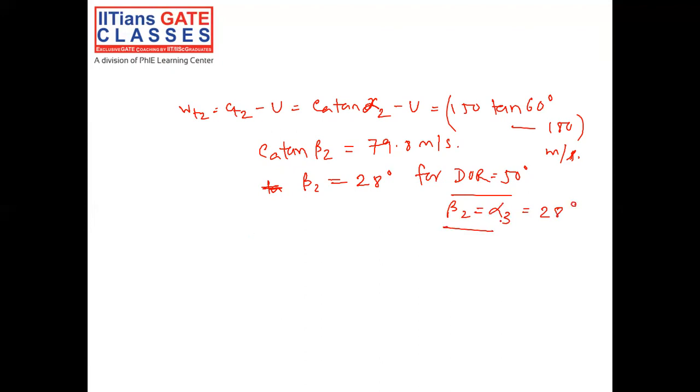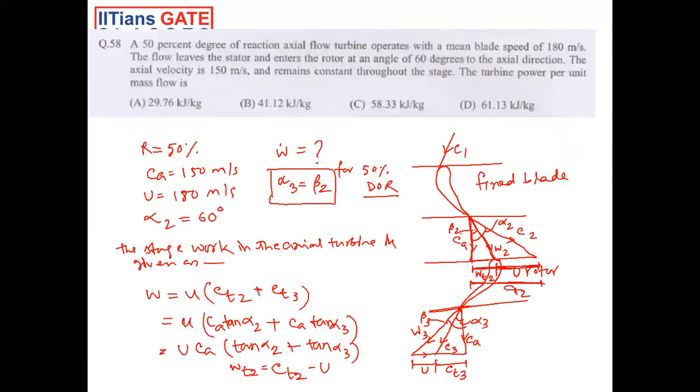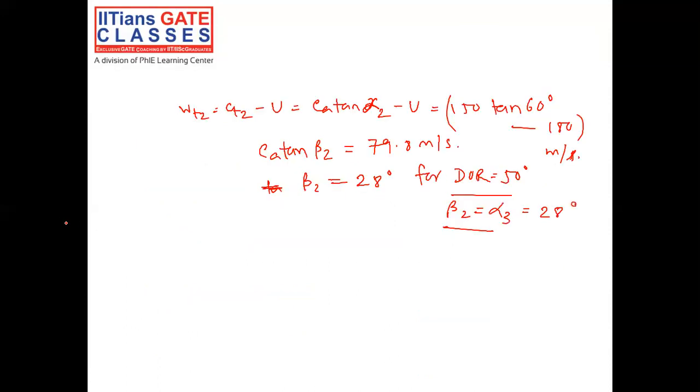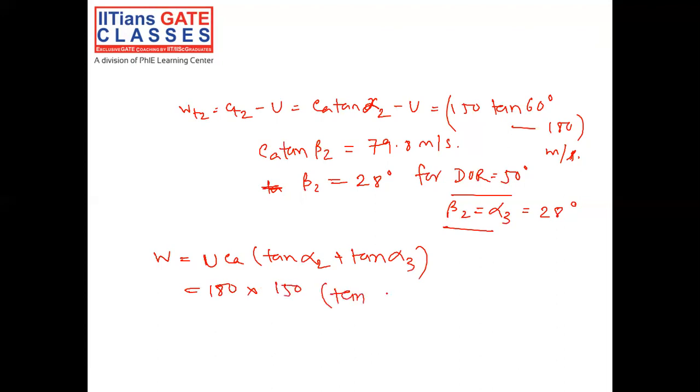Now substituting this in this equation, we get W equal to U CA (tan of alpha 2 plus tan alpha 3), which is equal to 180 times 150 times (tan of 60 degree plus tan of 28 degree).